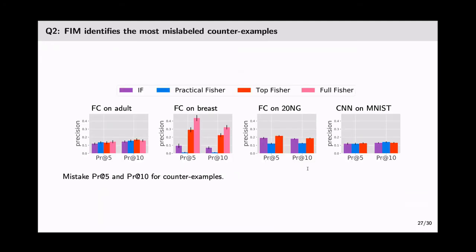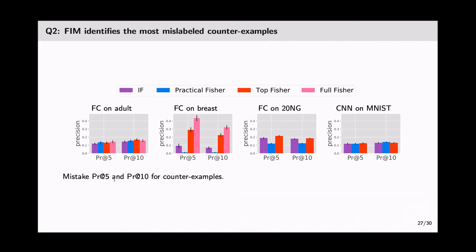The second question wants to compare different counterexample selection strategies. Here we have the plain influence function. Top feature is our solution, and full feature is basically computing the feature information matrix on all the parameters of the model. Here, we wanted to see how many of the highest scoring counterexamples are mislabeled.